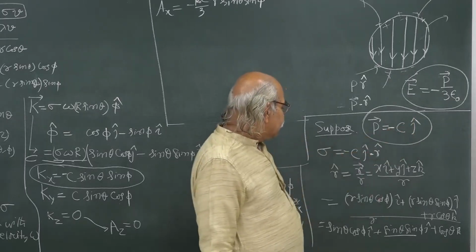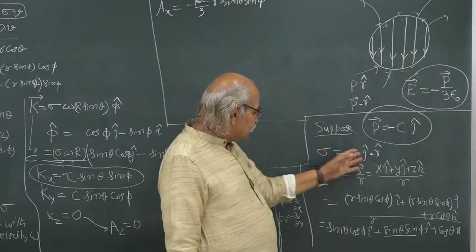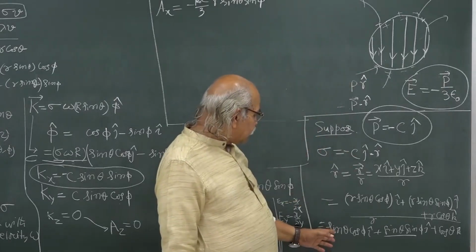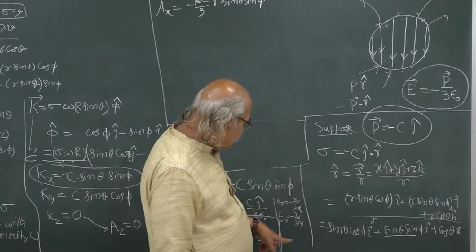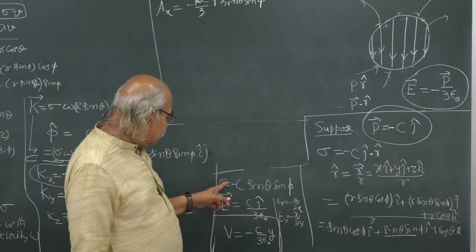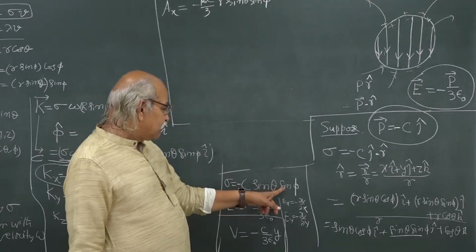We found the charge density which appears, and from there we derived that finally it is minus c sin theta sin phi.